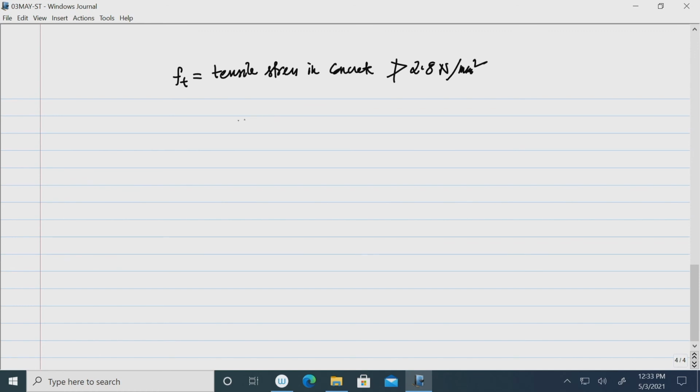Now, Ft can be calculated as N phi divided by (1000 into t), where N phi is per meter length, 1000 is the width, and t is the thickness of the shell, plus the equivalent area of steel, (m minus 1) into Ast.